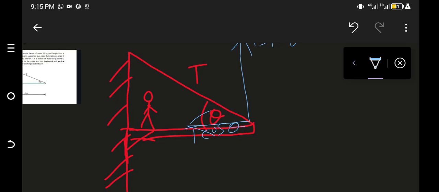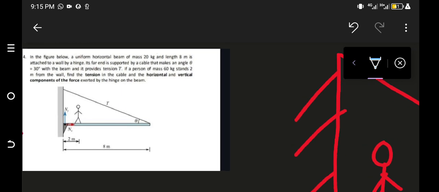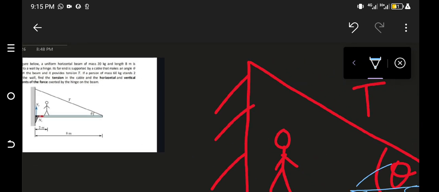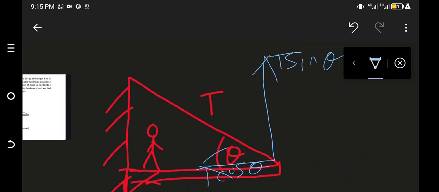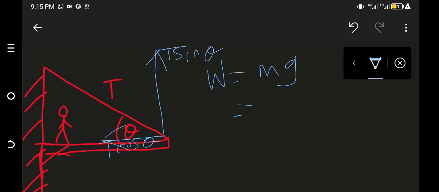We have been told that the mass of the beam is 20 kg. So we have to find the weight acting on the beam, produced by the beam itself. To find the weight, we use the formula W equals m times g, weight equals mass times acceleration due to gravity. So the mass is 20 times 9.8. So 20 times 9.8 is 196 newtons.